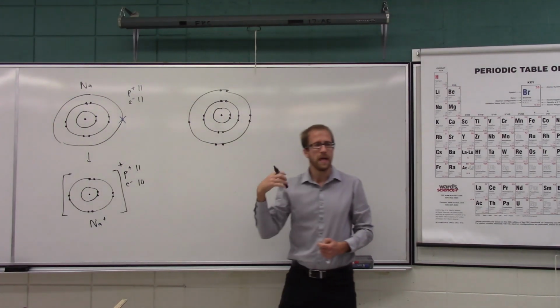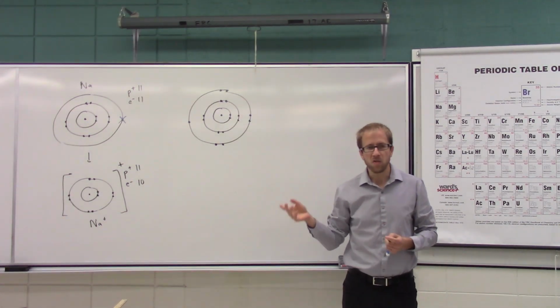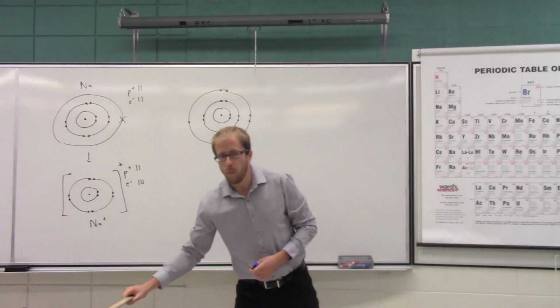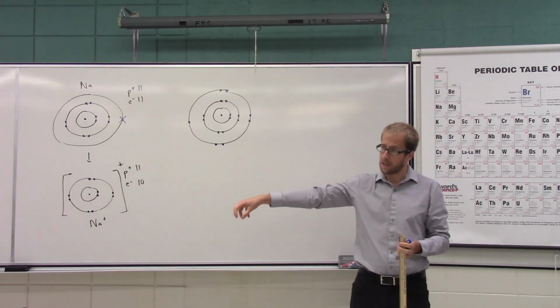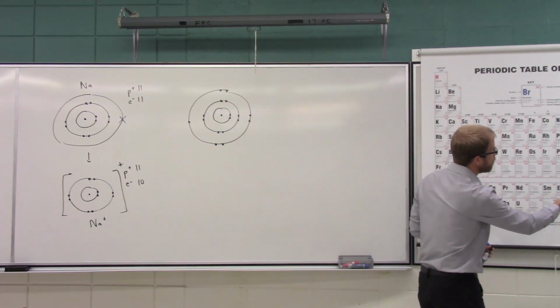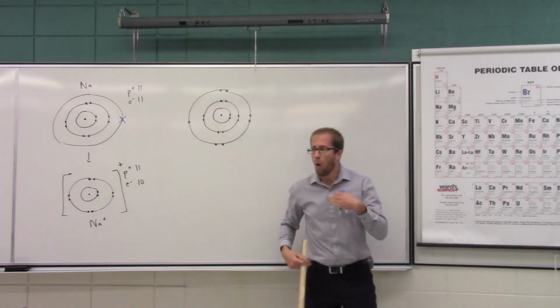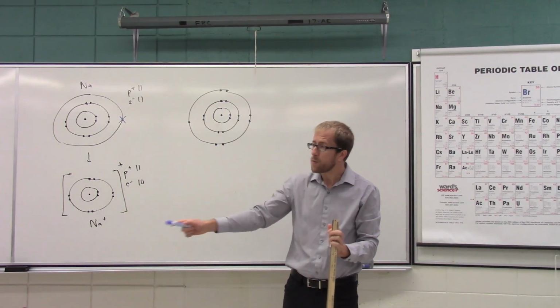It wants to gain 1 electron. Now, when it gains 1 electron, which noble gas does it now look like? Which noble gas does it share the same electronic configuration as? Argon. Yeah, it'll be the same as argon. So we are always trying to look like our nearest noble gas, right? We want to be stable just like them.